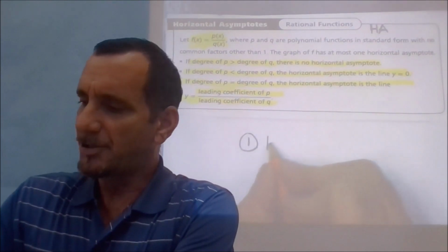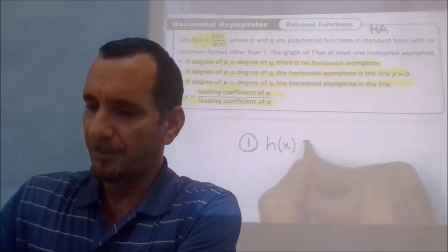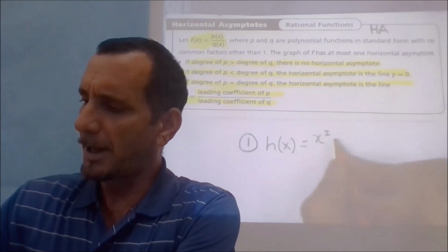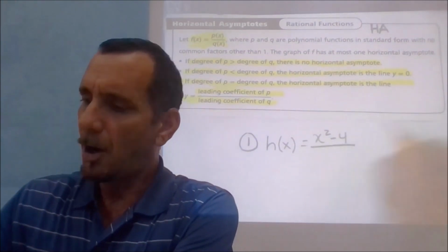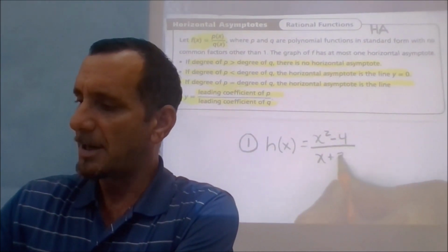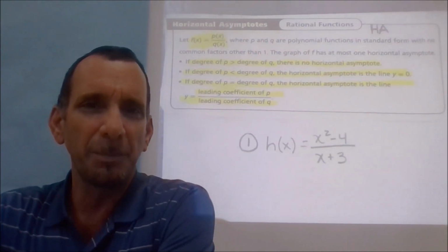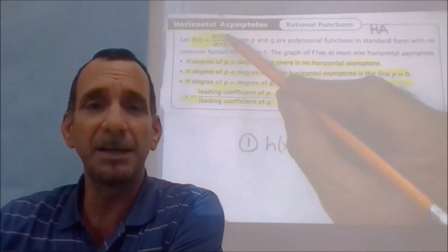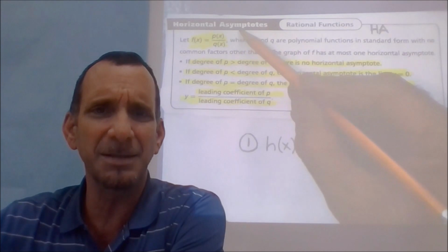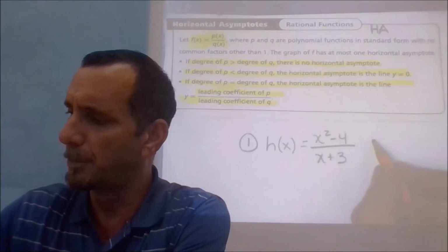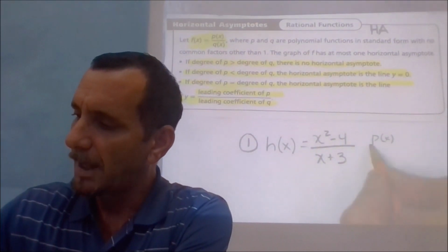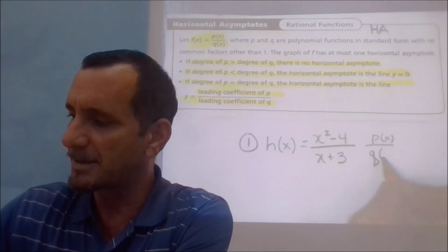Number 1, let's just call this h of x equals x squared minus 4 over x plus 3. We've got this p of x and q of x, where p of x is basically the numerator, and q of x is the denominator.